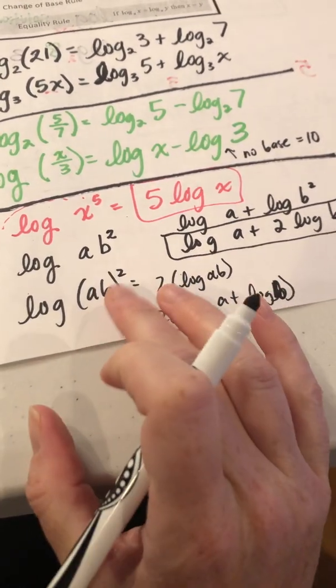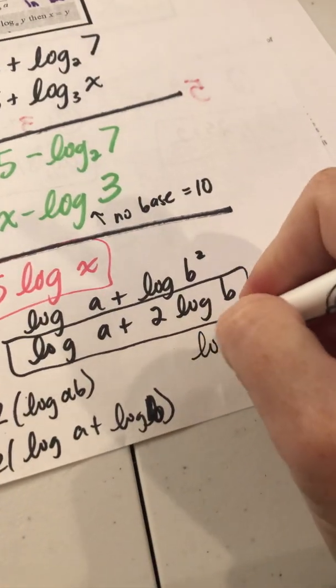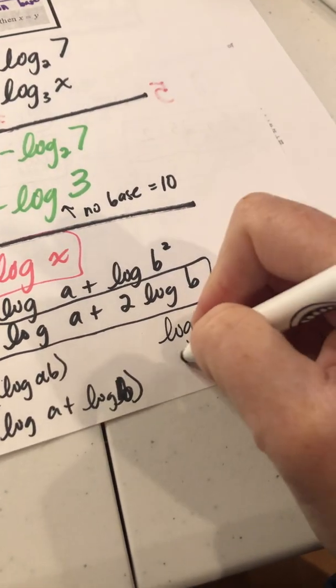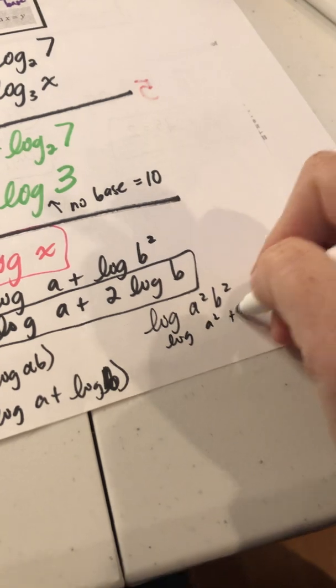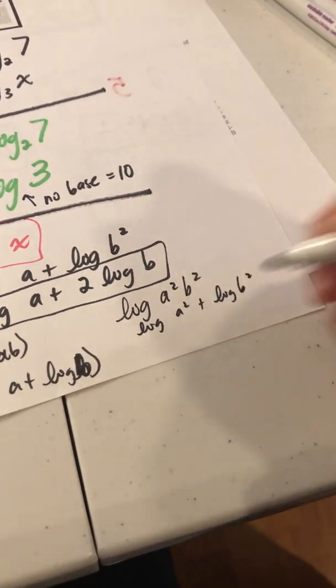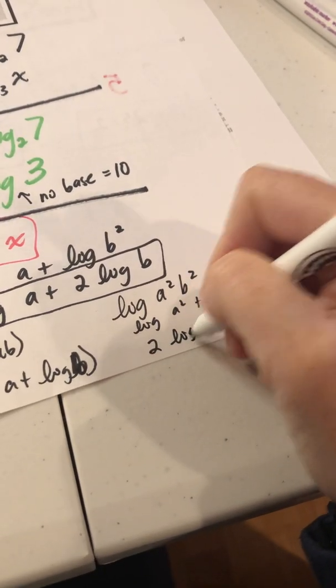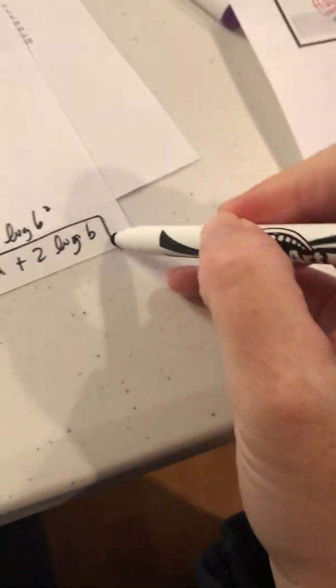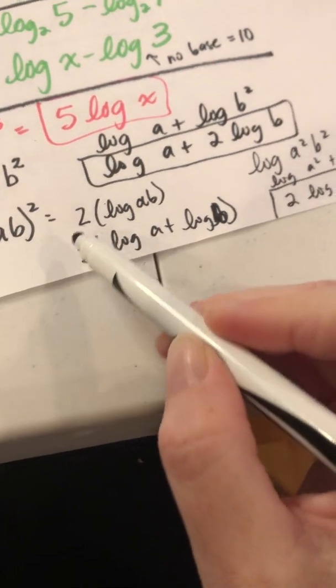Or you would distribute first and you'd say, no, Cooper, I see log A squared B squared, which is log A squared plus log B squared, which is 2 log A plus 2 log B. I could distribute that and say 2 log A plus 2 log B, same thing, all the same things.